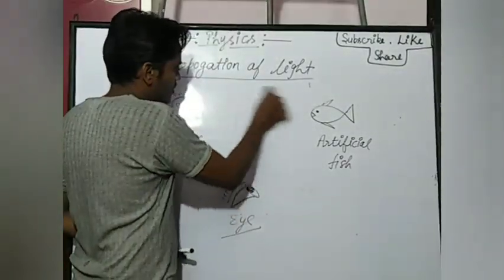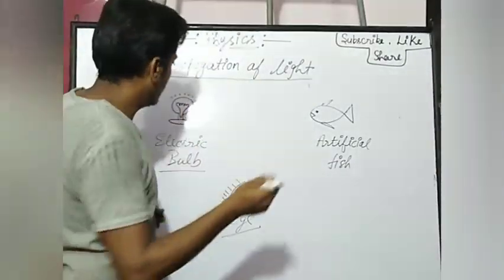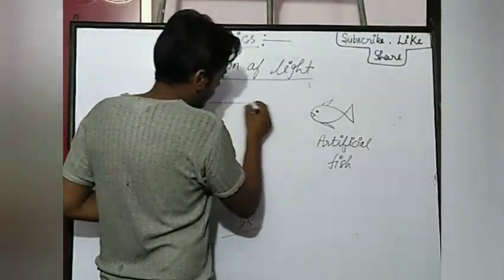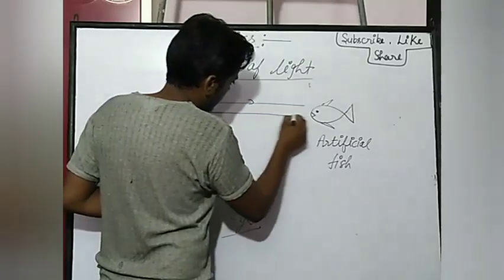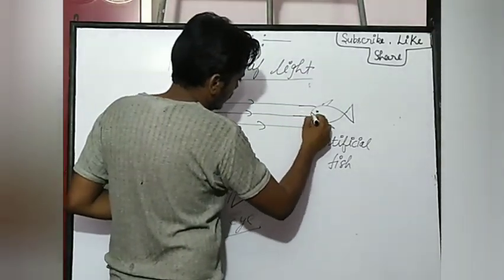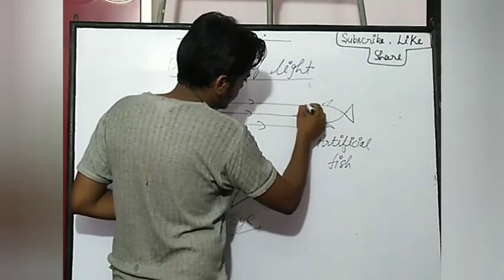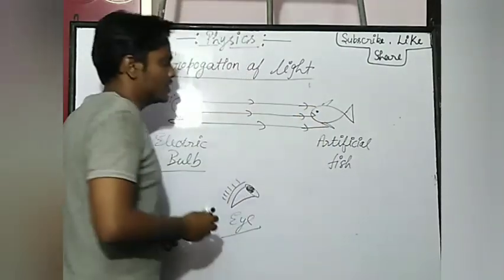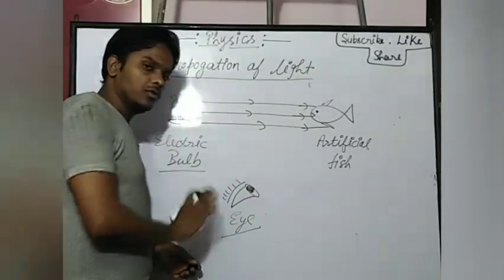That is the pattern: the ray falls upon this artificial fish and then reflects back to this eye.